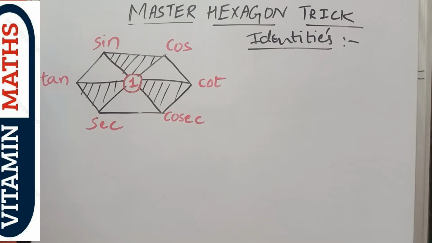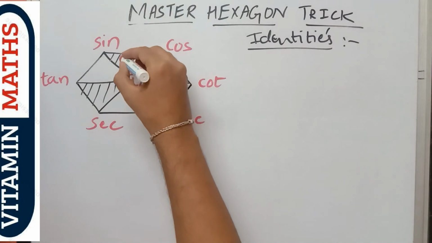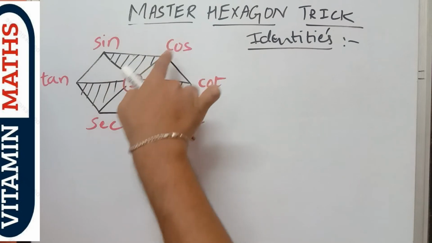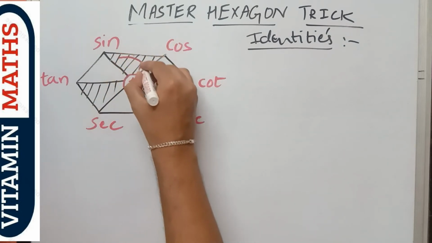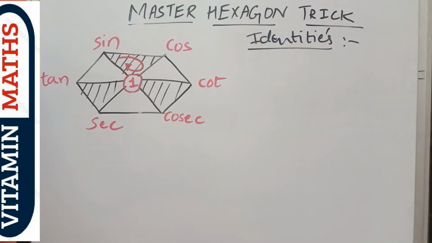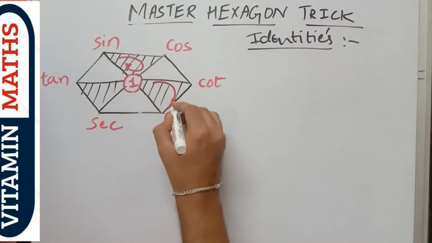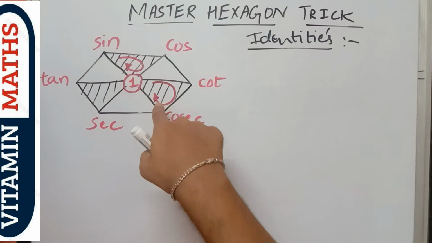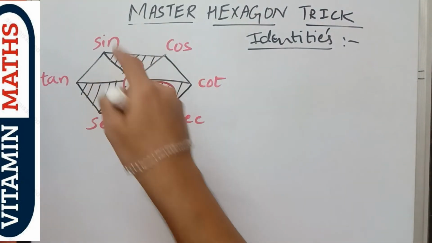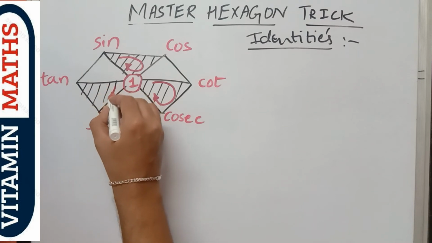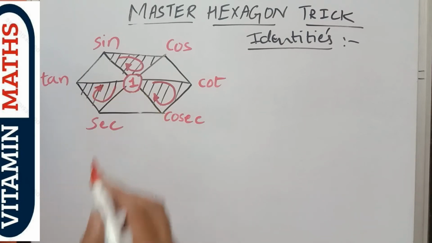Now what you have to do is you have to take a clockwise rotation here, like sine cos 1, sine cos 1, that is clockwise rotation, in the direction of the movement of a clock. So here also same thing, take a clockwise direction rotation. Okay, so now we will start.